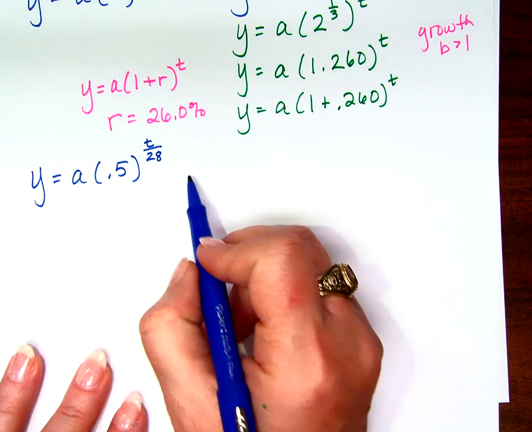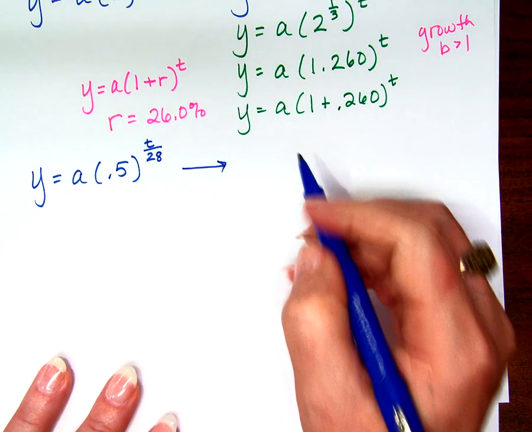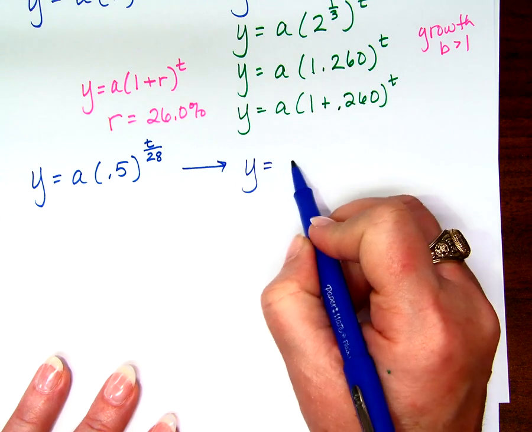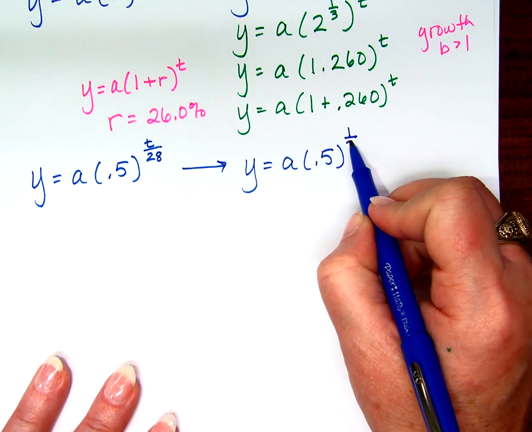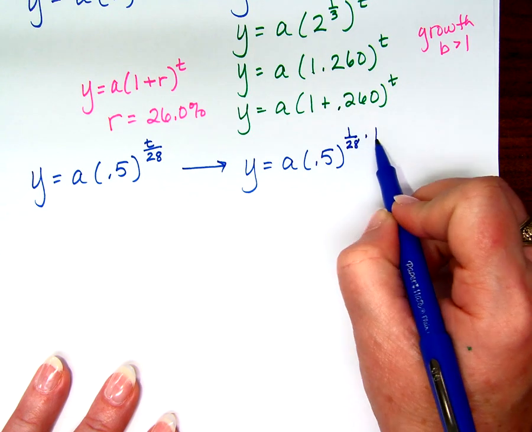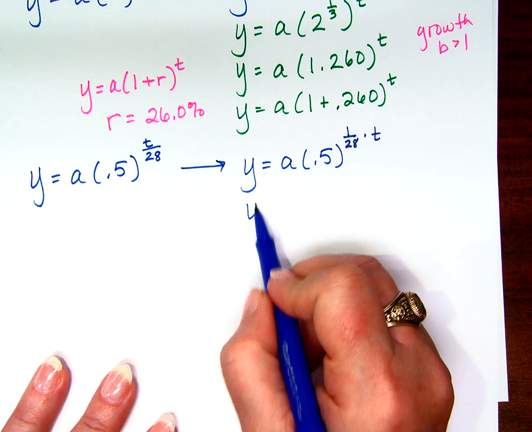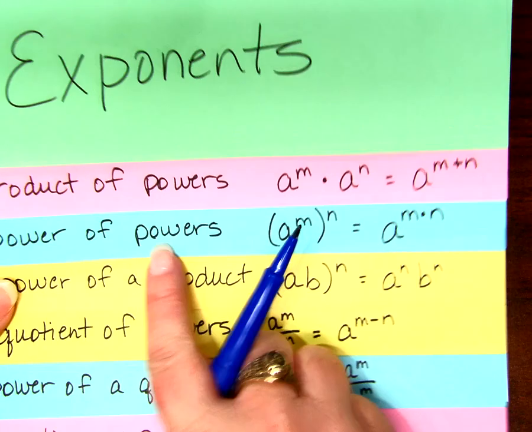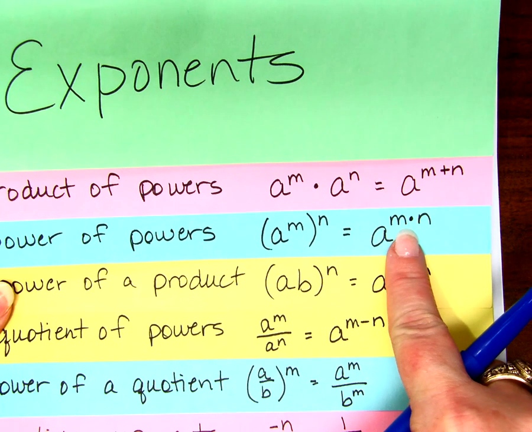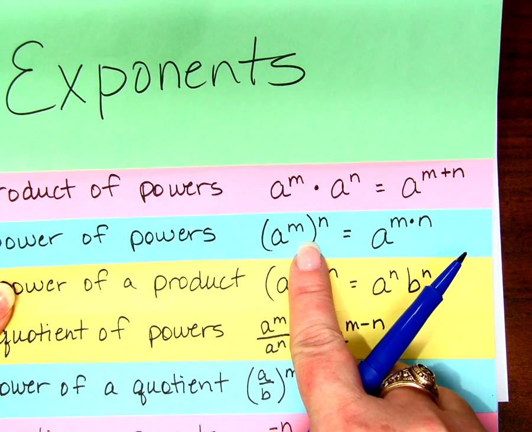So how do I want to rewrite it first? Okay, where can I take that? Remembering my exponent rules of power of powers, this is what it looks like right now. I can take it here.